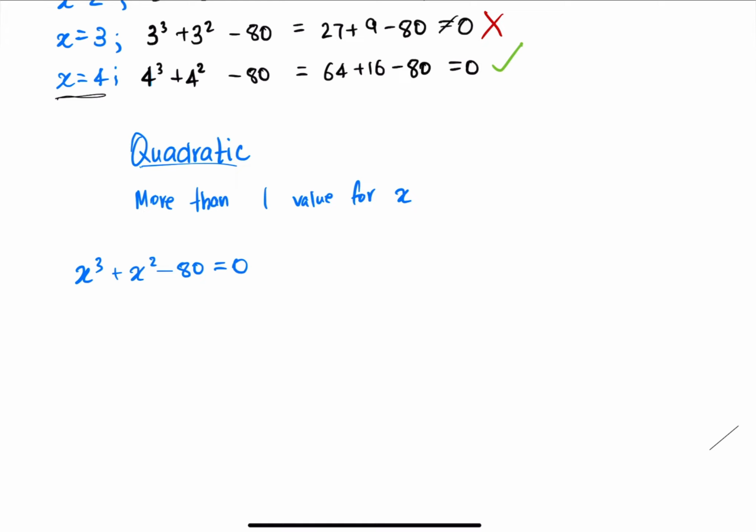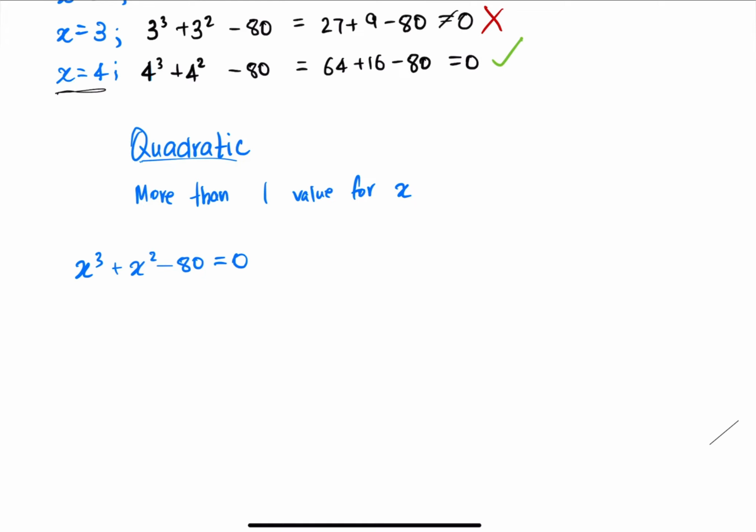We know that x equals 4 is one value, so one factor of this equation is x minus 4. If we divide the equation by this factor, we get something else, and x could equal a different value.